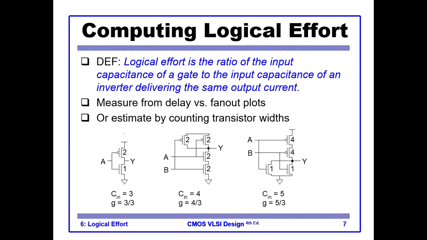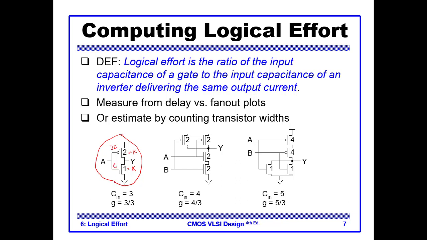So let's consider first the inverter. We know that the size of PMOS is twice the size of NMOS, and this is the value of K in RC model. This is the value of K for N, and so this gate capacitance becomes 2C.